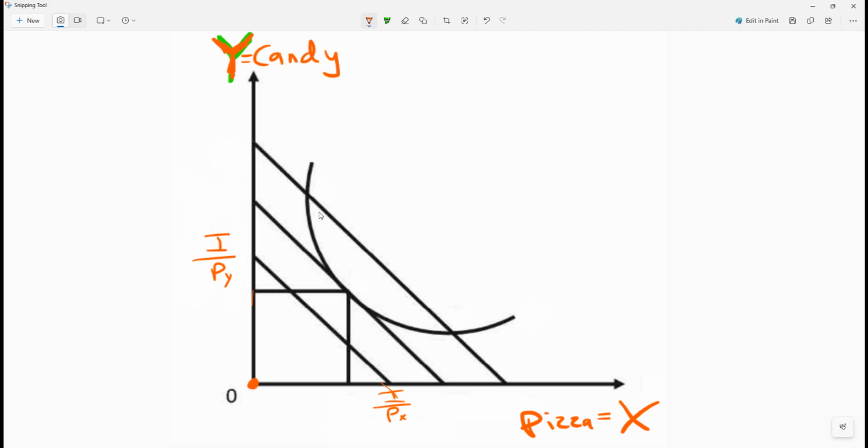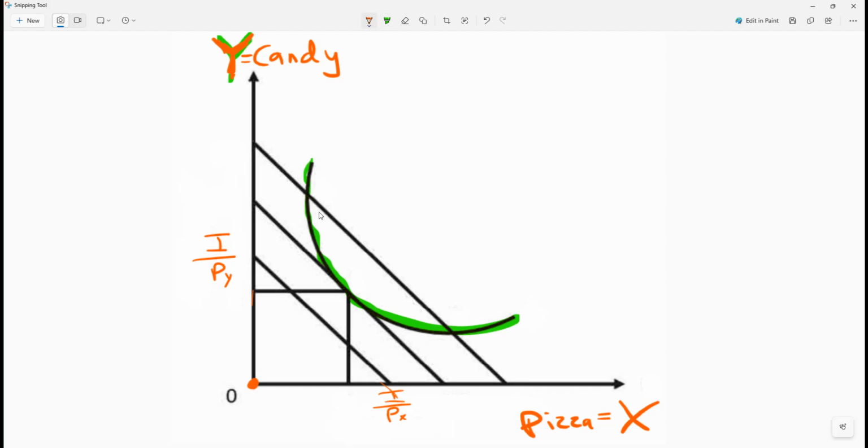So the consumer ideally wants to get the most of both. And because we have this one curved indifference line, an indifference curve is a set of bundles. When we say bundle, what we mean is an amount of pizza and candy.